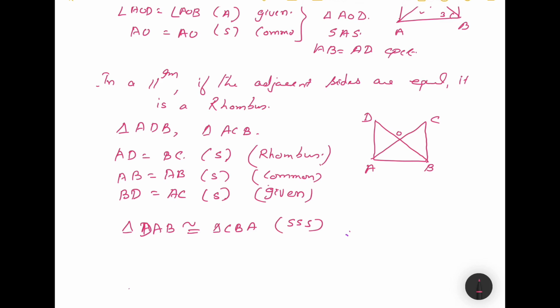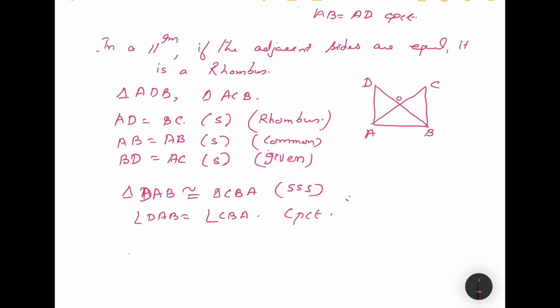From this we can say angle DAB equal to angle CBA, by CPCT. Now we have to prove it is 90 degrees. For that we know ABCD is a parallelogram, so since AD is parallel to BC, angle DAB plus angle CBA equal to 180.